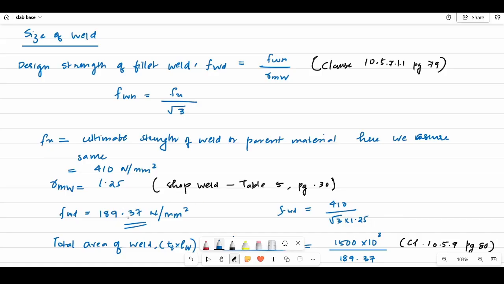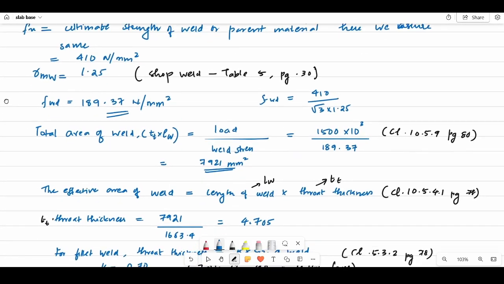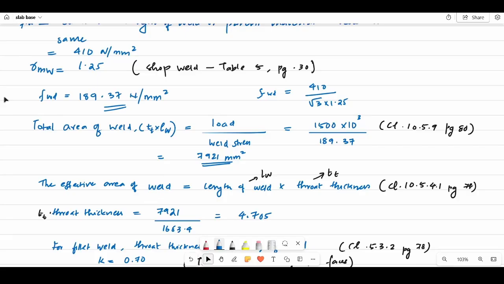Finally we will get an answer of 189.37 Newton per mm square. This will be the design stress of the fillet weld. Now we have to find the total area of the fillet weld, because based on the load we have to find the area. The area can be obtained from the next clause, which is clause 10.5.9.